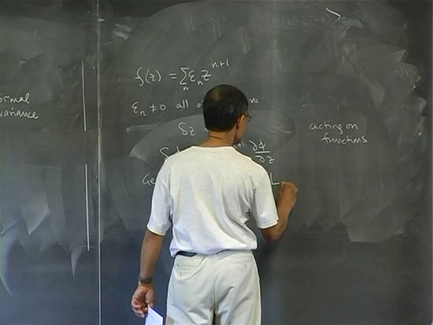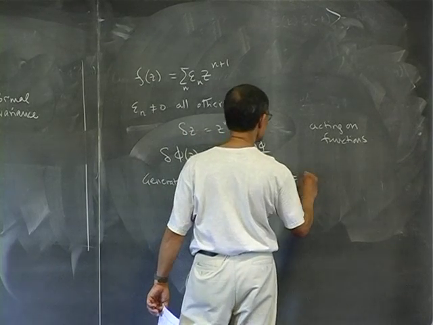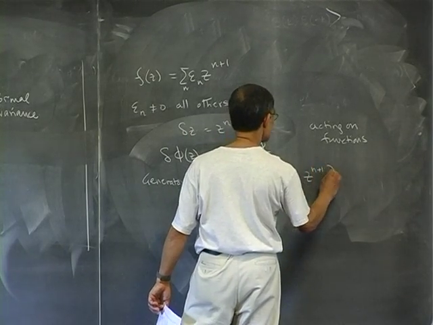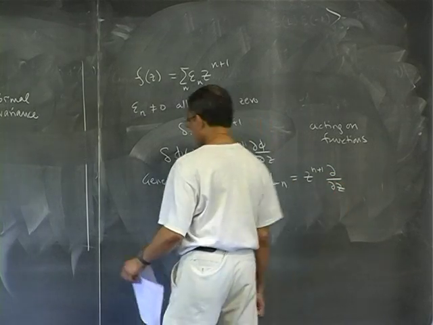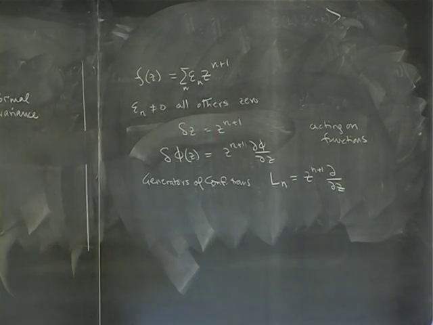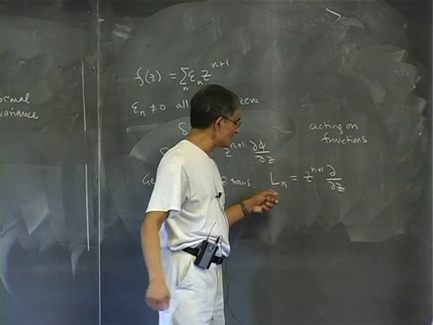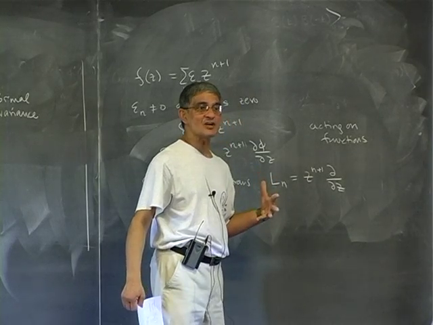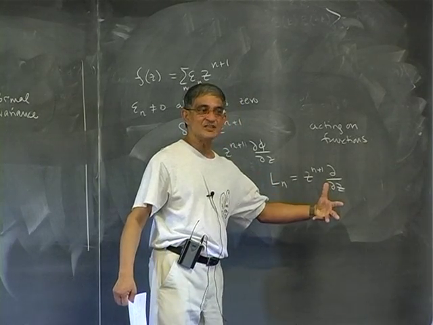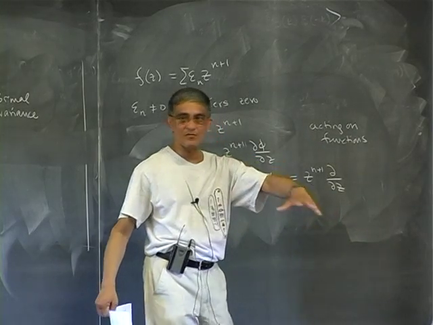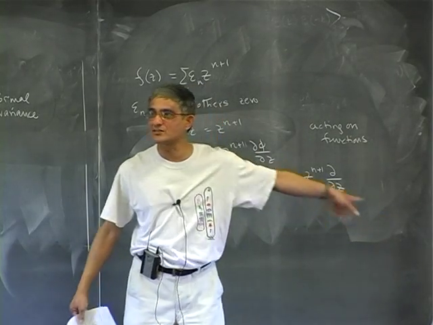They have a name called Ln, and these are the generators of these transformations on the complex plane. It acts on any function phi, and the operation on that function phi, which is the result of the conformal transformations in the complex plane, is given by this.